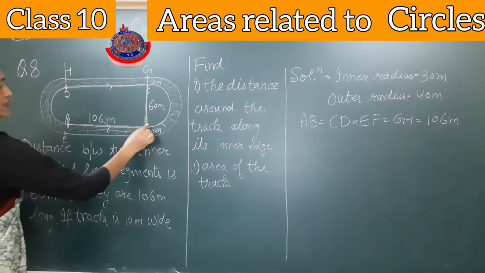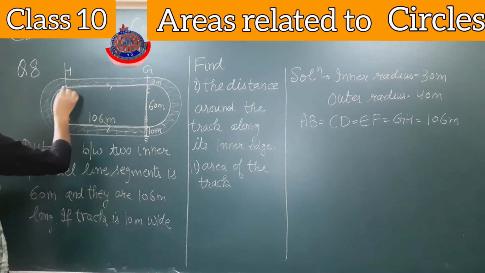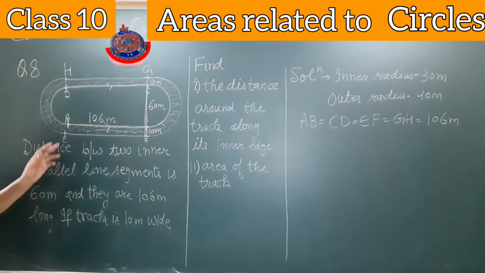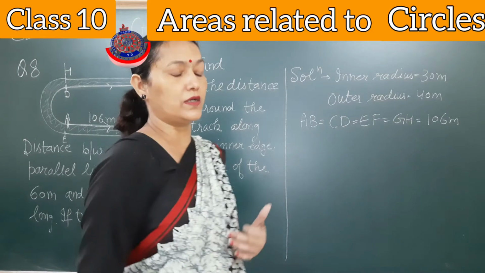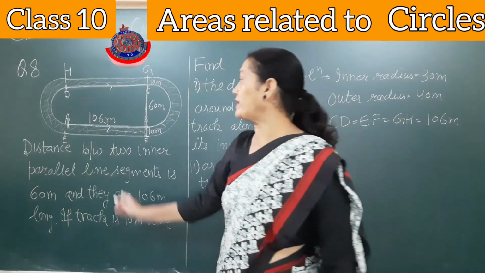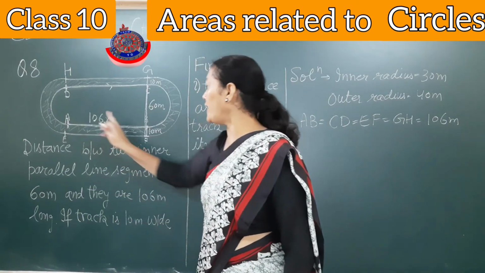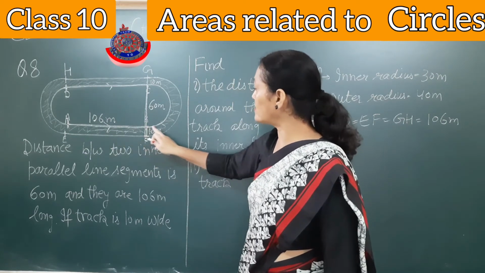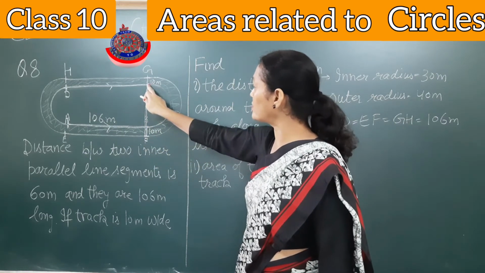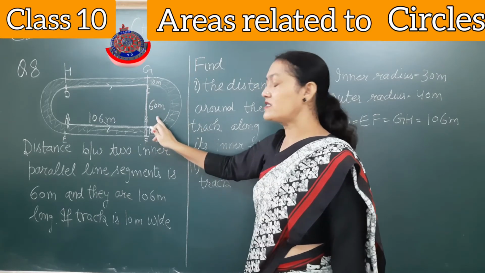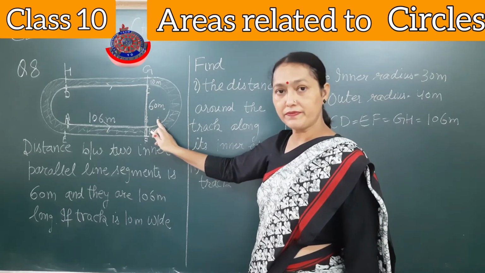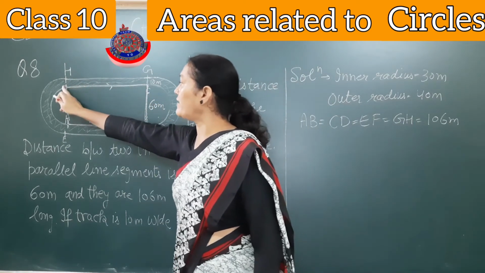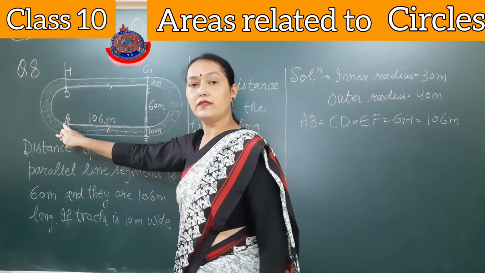So this is the distance along the inner edge. For calculating distance around the inner edge, firstly AB, this 106. Then we'll be adding the circumference of the semicircle, means pi r. Again CD, then again pi r.